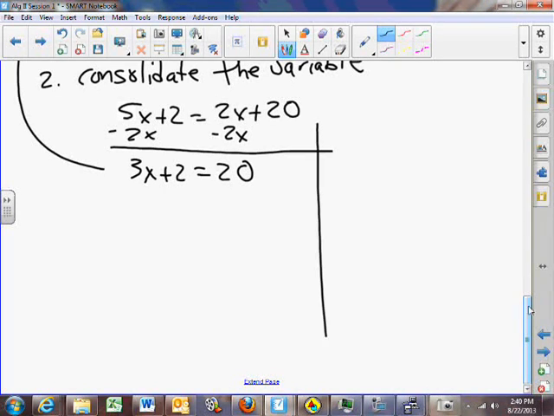If you look at the expression on the left-hand side, it's 3x plus 2. Now, if you ask yourself, if I knew what x was, what would I do to that number to find the value of that expression?